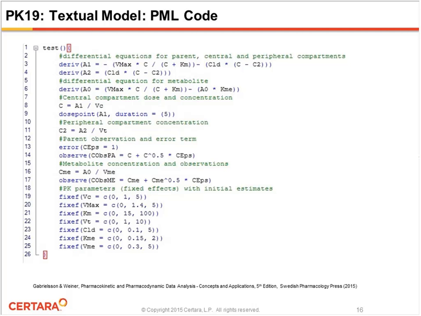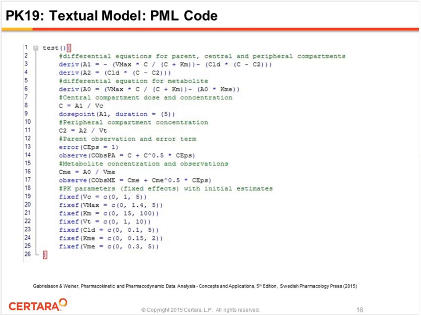Yeah, so typically what one would do is start with an additive error model and fit the parent, and then see how the fit is. If there's a bias, for example, in the tail portion of the curve or the lower concentrations, one can switch to a different model such as a multiplicative.